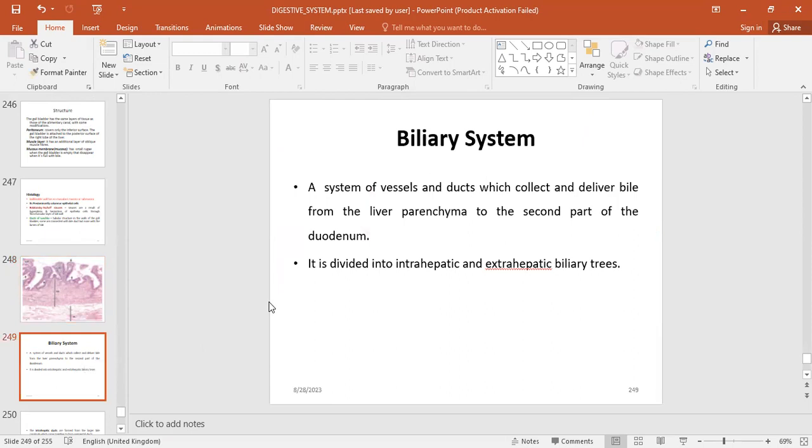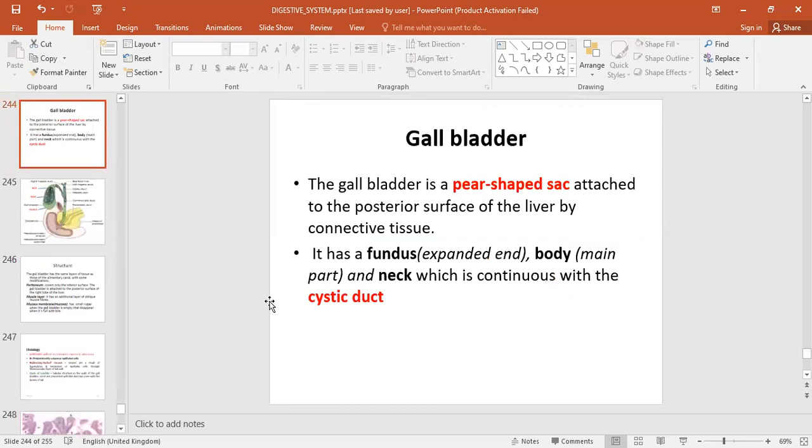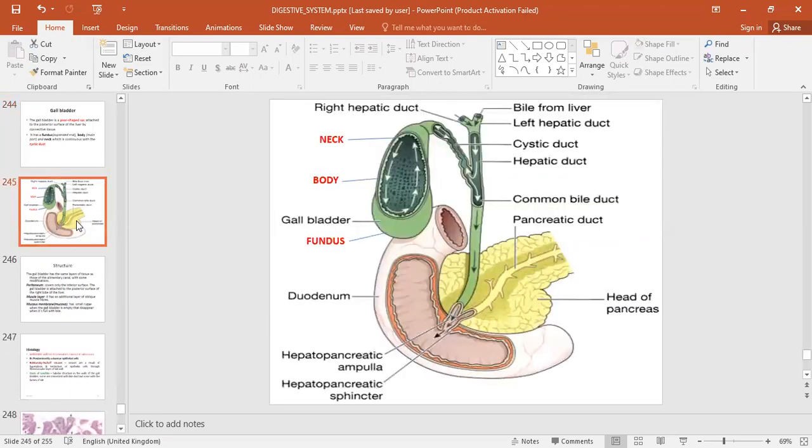Okay. So the biliary system is this system connecting the liver, gallbladder, and intestines. Liver above, we have gallbladder here, pancreas, and small intestine. So this is connected by tubes. Here we have the pancreatic duct. There we have the cystic duct.